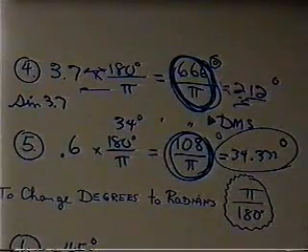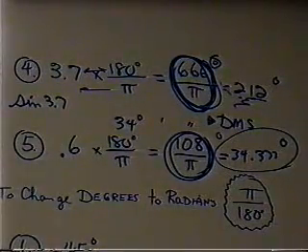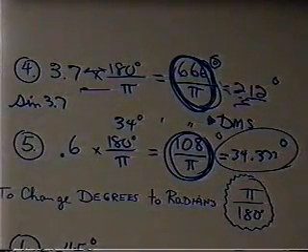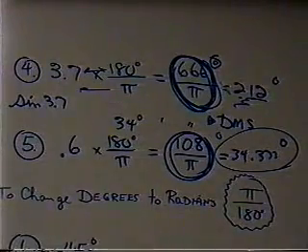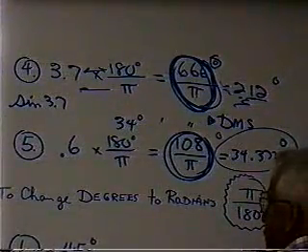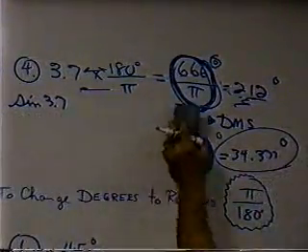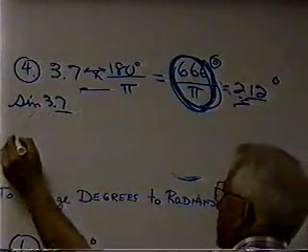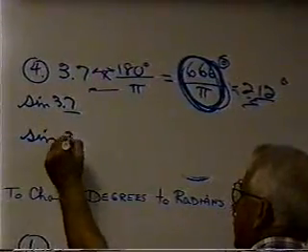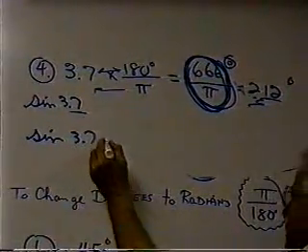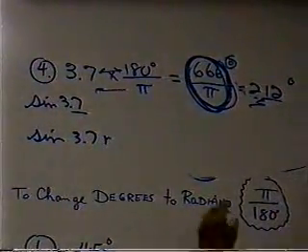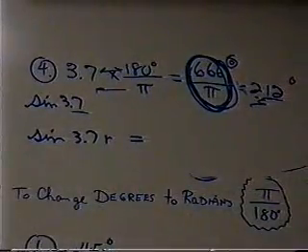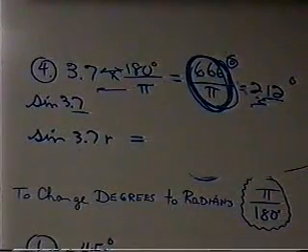Now, while I'm talking about the calculator, there's another customization that you can use. If, for instance, we're working this problem right here, if we were finding the sine of 3.7, if you customize and put an R in there, then it will automatically calculate it in radians.